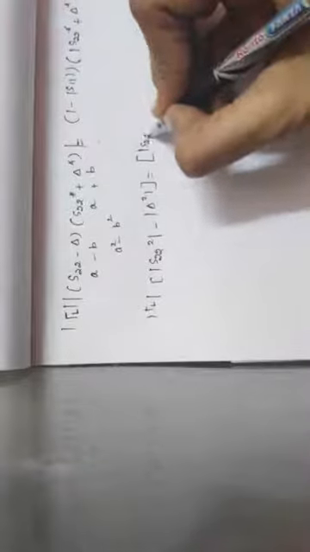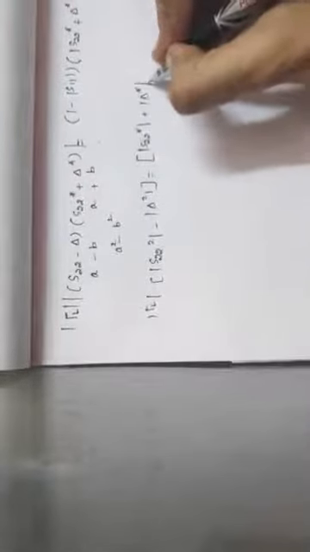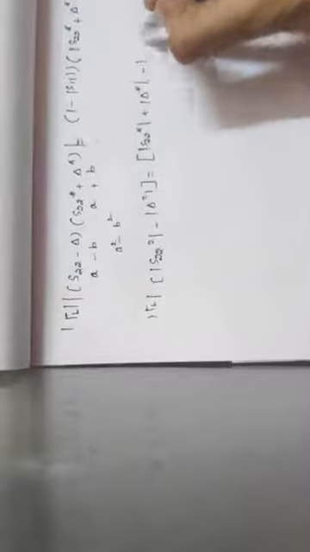This is equal to, multiplying each and every term inside the bracket, S22 star minus del star minus S11 S22 star, and minus S11 into del star, right?